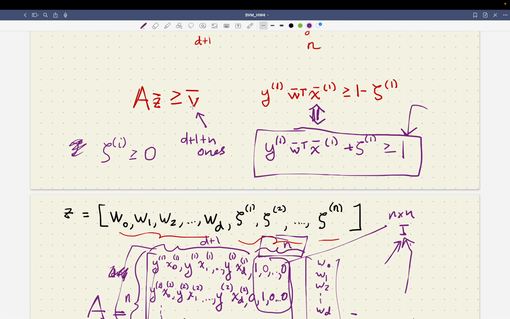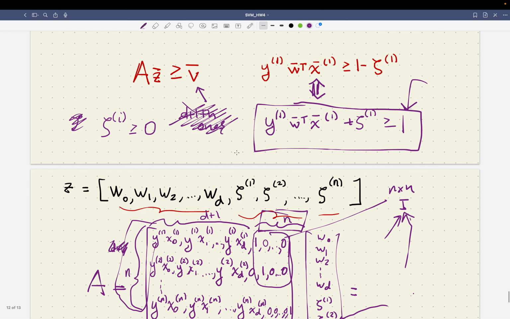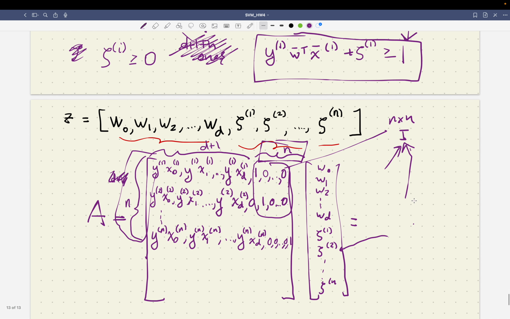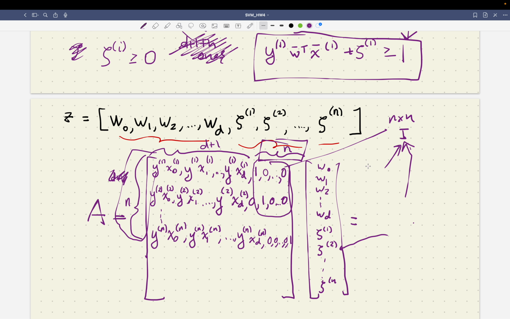So here I had said that v was d plus 1 plus n ones. I realize now that's not going to work. What we actually want, so when we get the things here, all of these that I just outlined, we want to be comparing these to 1, so that we can capture this constraint right here.